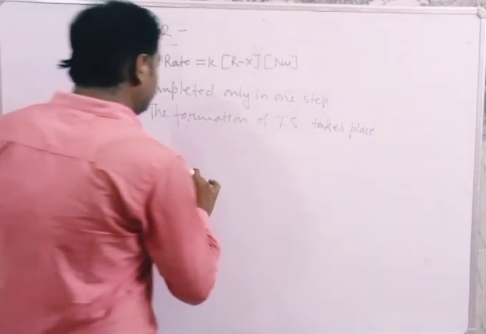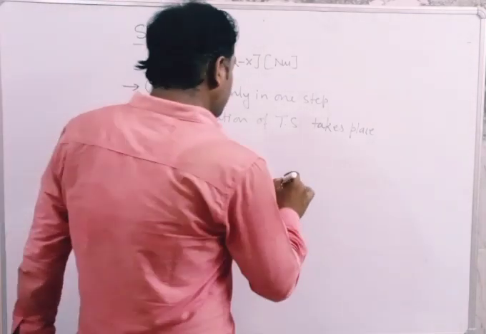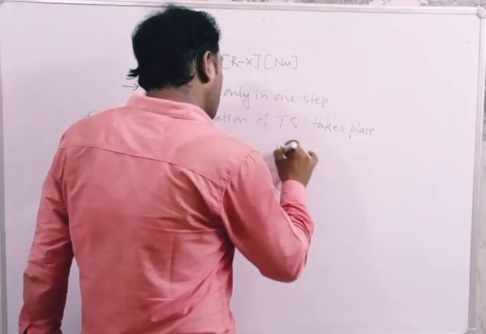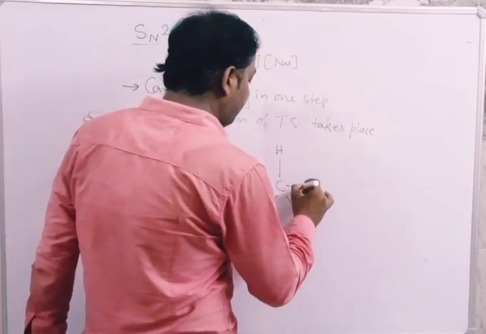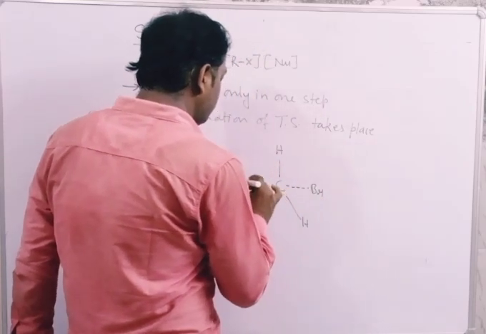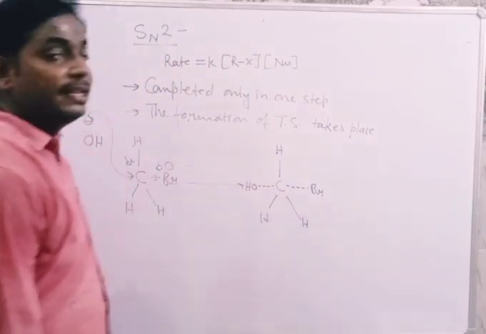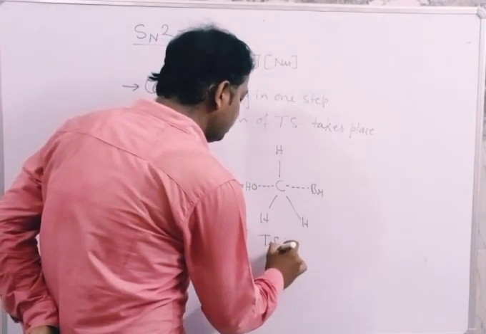After this, with hydrogen and hydrogen on the carbon, the breaking of the Br bond and the making of the OH bond occur simultaneously. So this step is called the transition state.